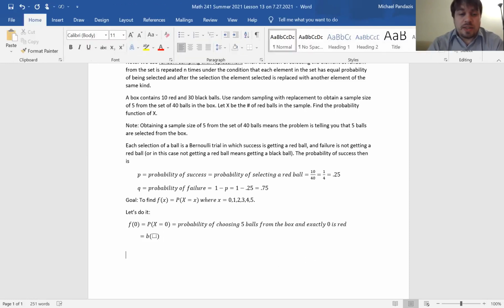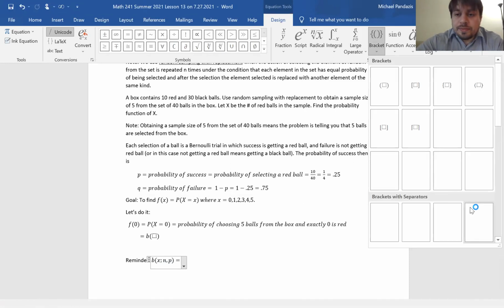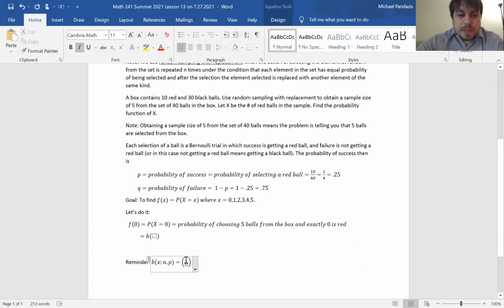Let me remind you, we have b of x; n, p, and this is equal to n choose x times p to the x times q to the n minus x.